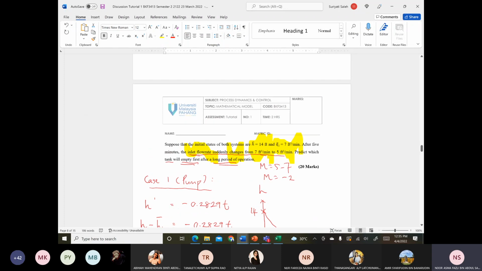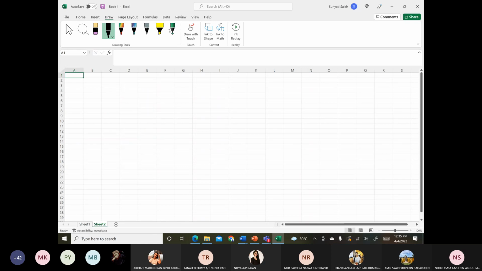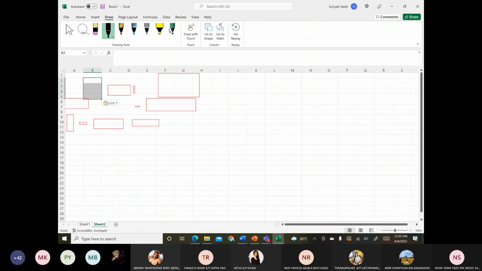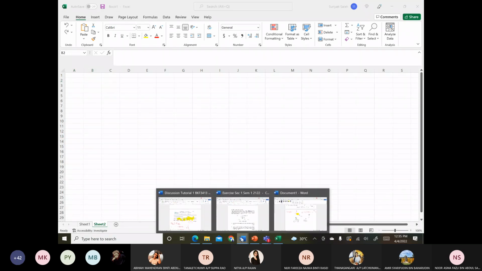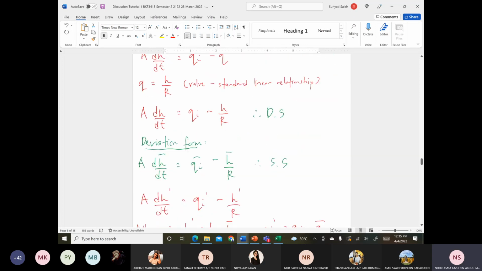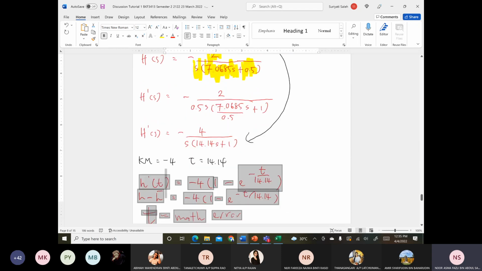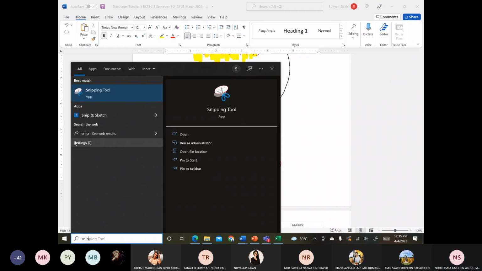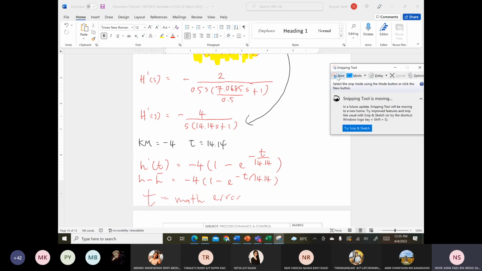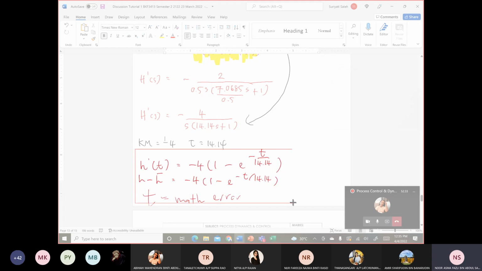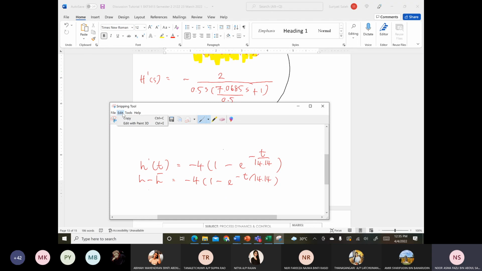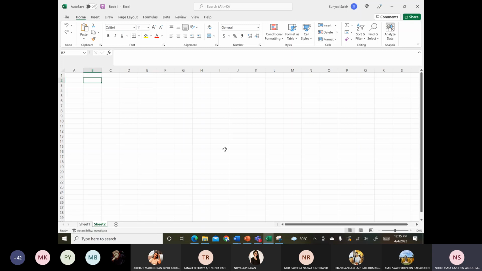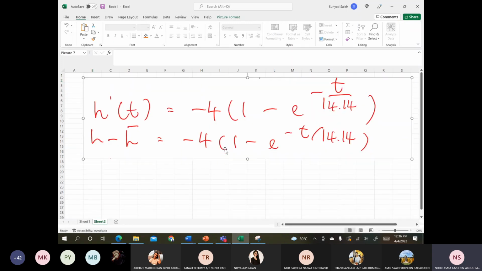H bar is 14. Okay, this is our equation that needs to be solved.